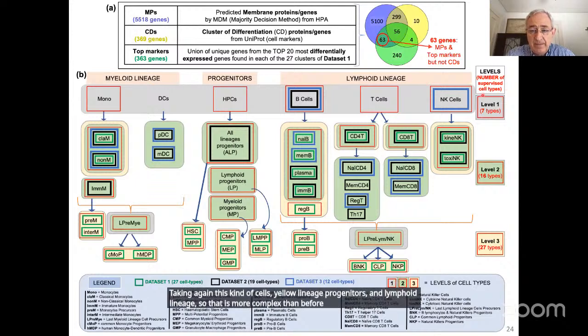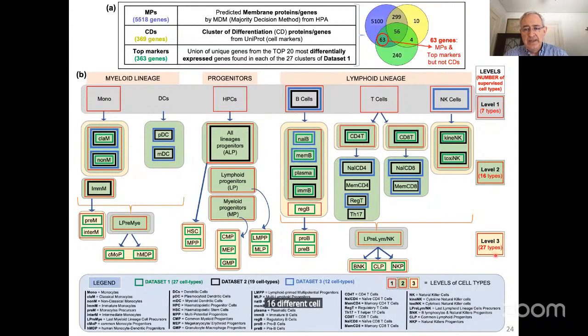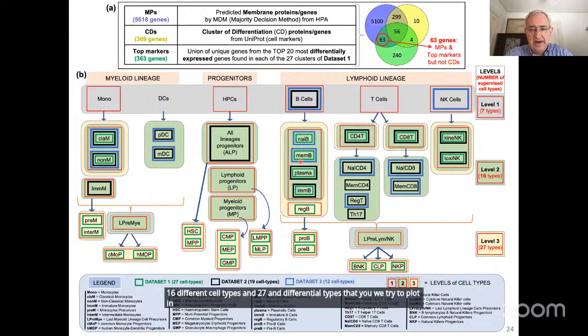We have the possibility of identifying 7 different cell types, 16 different cell types, and 27 different cell types that we try to plot in this complex system, which are the cell types at the different levels of granularity that we could manage to study.